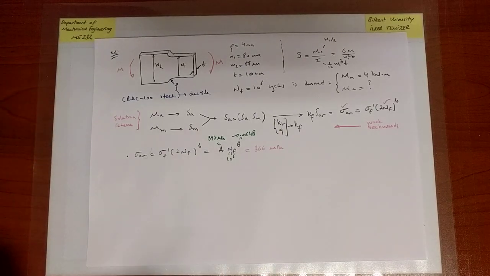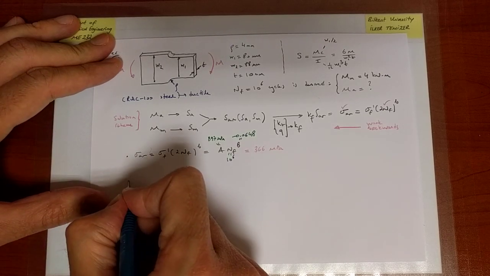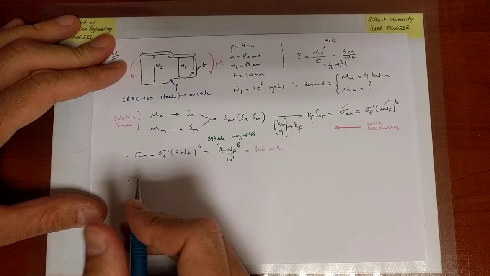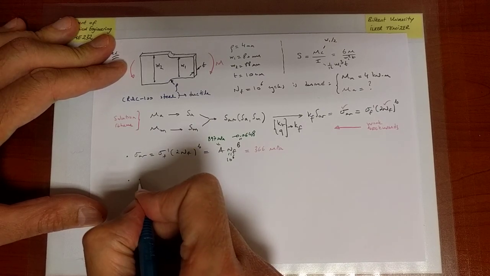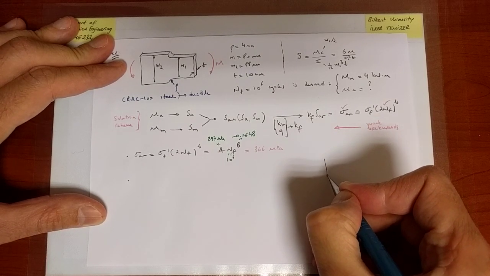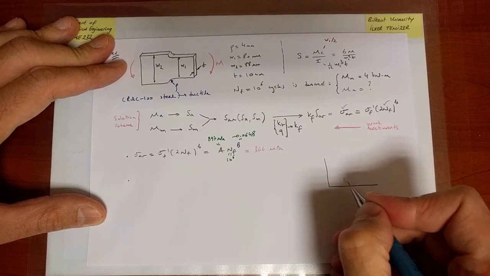So my next goal is to determine the value of the fatigue notch factor. The first step towards that is to determine the value of the stress concentration factor. You will recall that there are figures from which the stress concentration factor is read.